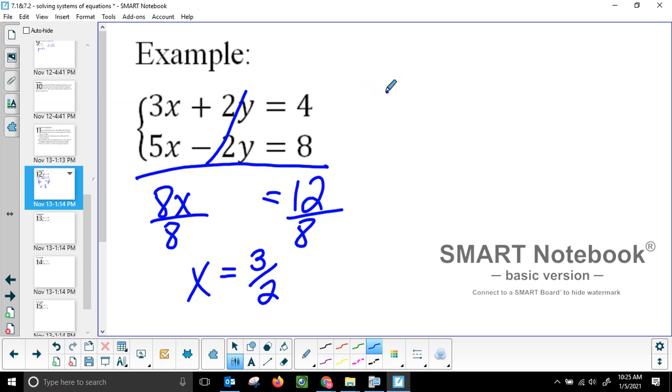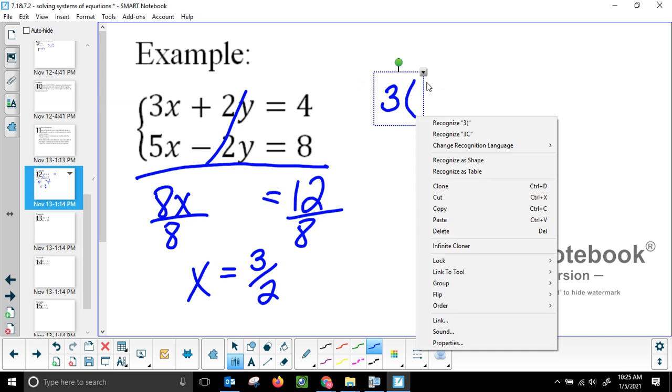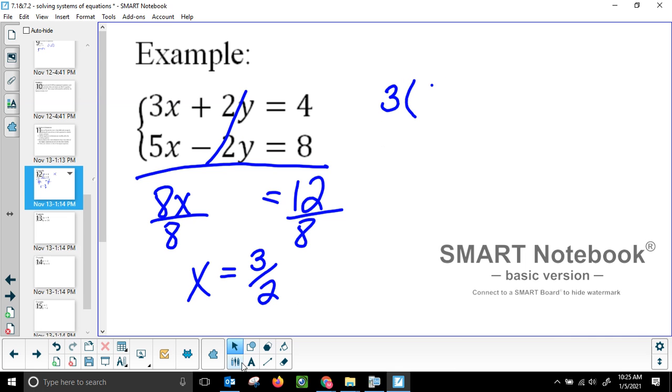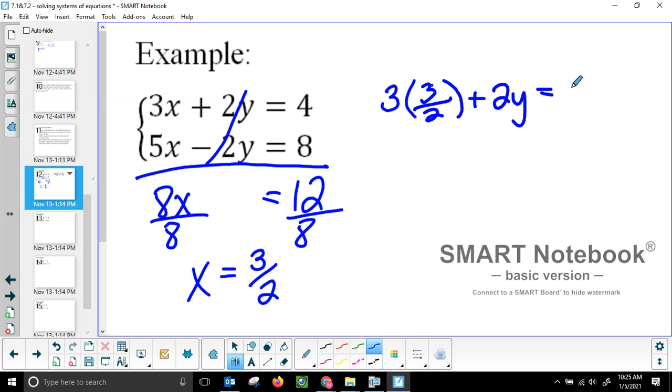So we say, okay, well, 3 times my x, which I know is 3/2, plus 2y is equal to 4. So 9/2 plus 2y is equal to, and I'll just go ahead and change that to 8/2.